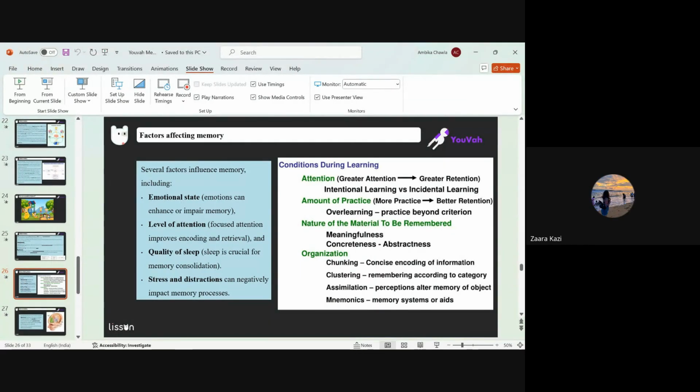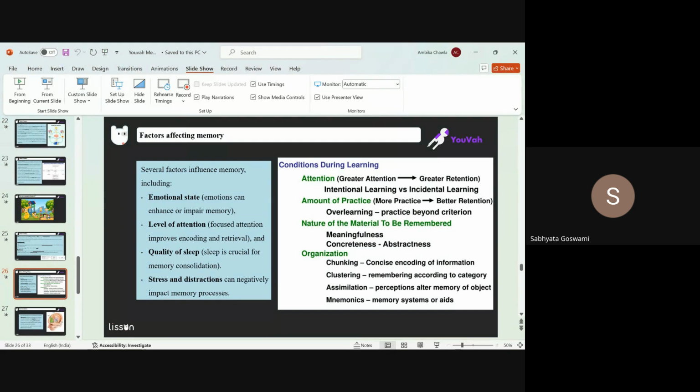Although there have been reverse effects of flashbulb memory as well, where people are only confident that it happened, that it is a memory, but they don't recall the information. Exactly, so those are also part and parcel of our memory process. There is not just one side to every process. Anything that gets positively impacted can also be negatively impacted.